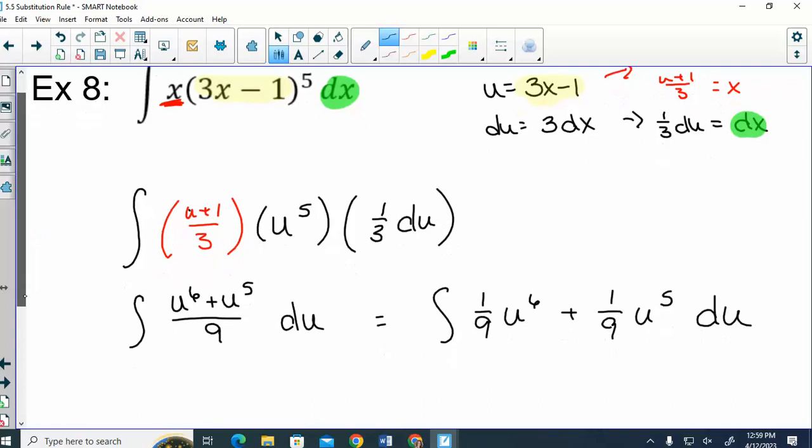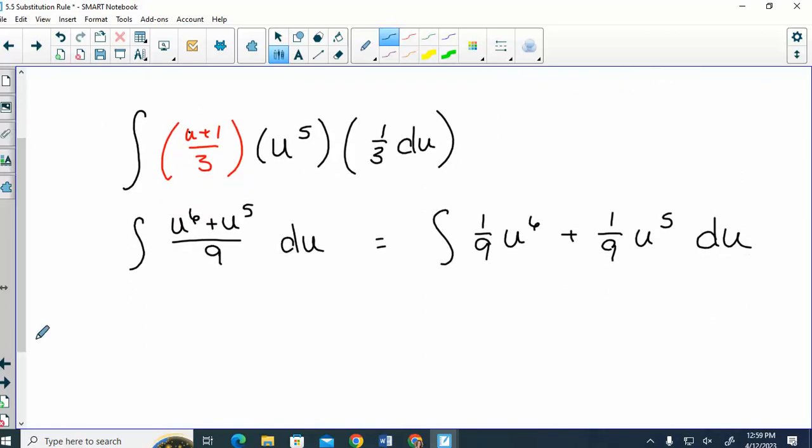Alright, can we do the antiderivative of 1/9 u to the 6th? Yeah, so you're going to use the 7th, 1/7 in front, so 1/9 times 1/7, so 1 over 63. 1/9 u to the 5th, so that's a u to the 6th, so we have to multiply by 1/6, so 1 over 54 u to the 6th, plus c.